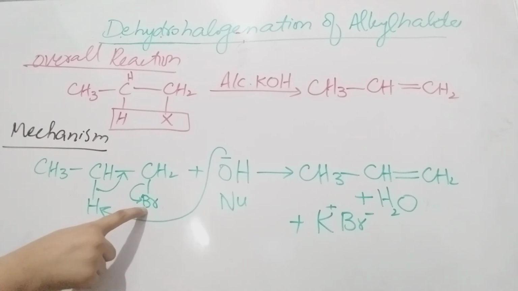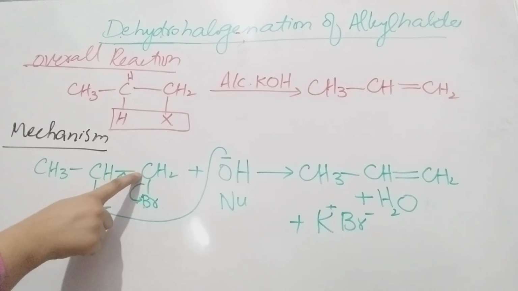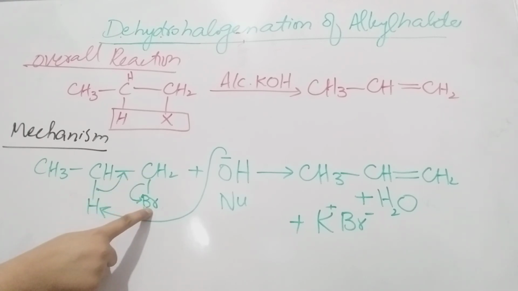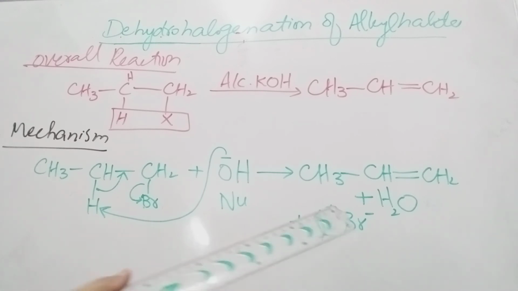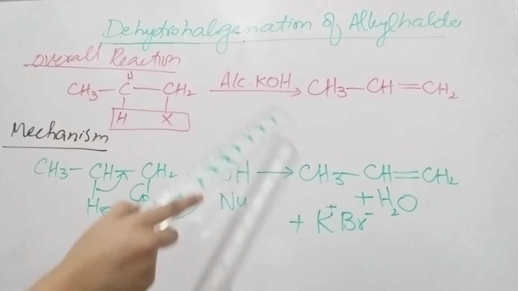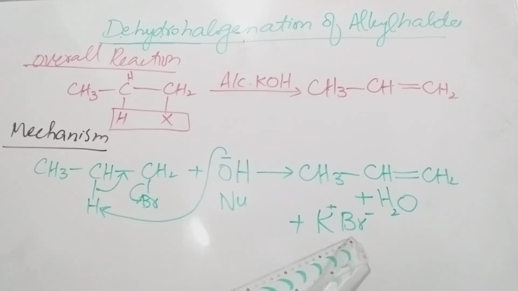Because bromine is more electronegative than carbon, therefore it can sustain the gained electrons better than carbon. Therefore we create the bromide here, and there is an electrostatic force of attraction between the potassium and the bromide, because both of them were present in the system.